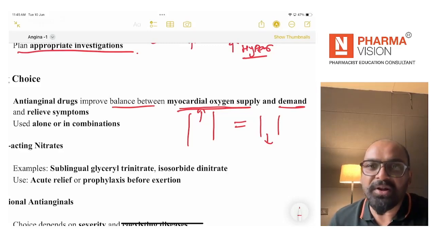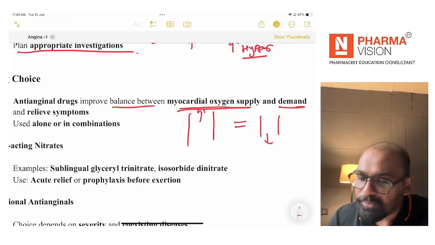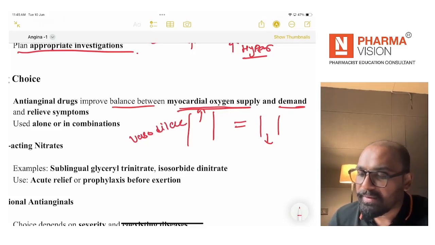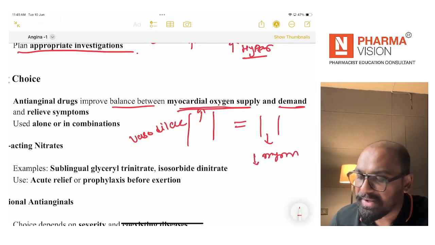So there are two different types of medications that we can use. To improve the oxygen supply, we use vasodilatory medications, and to decrease the demand, we use myocardial suppressing medications like beta blockers and calcium channel blockers.